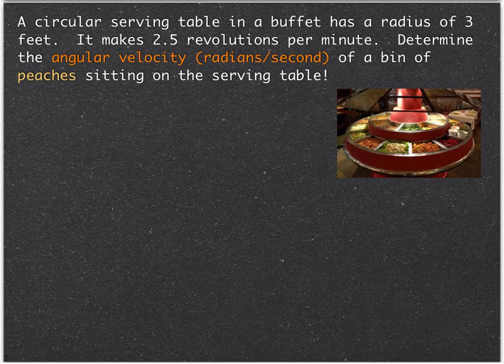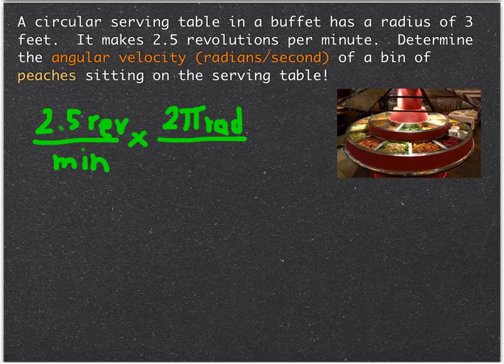So once again here, I'm going to change colors. We have 2.5 revolutions in 1 minute is what this table turns around. And I'm just going to start multiplying by stuff to cancel out things. So I have 2 pi radians in 1 revolution, we know that.